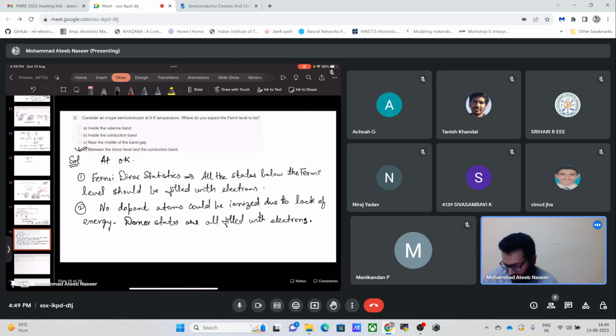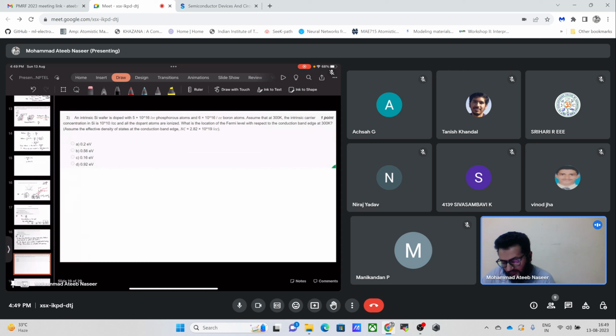Okay, now let's move towards another problem since we have got 11 more minutes. Then you will join another session from our colleague. So it says that we have some intrinsic silicon, which means it has not been doped. It is pure silicon that has been taken, and now it is doped with phosphorus atoms, and it has been doped with boron atoms as well.